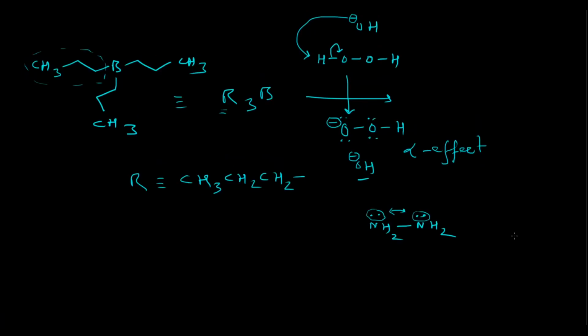If you consider it in terms of molecular orbital theory, then if the energy levels of the lone pairs are this, after the interaction, two molecular orbitals will form. This is the lone pair of this oxygen, and this is the lone pair of this oxygen. They will interact with each other, and thereby two new molecular orbitals will be generated.